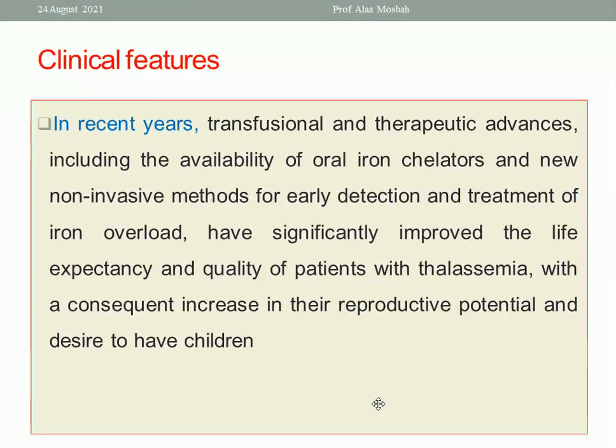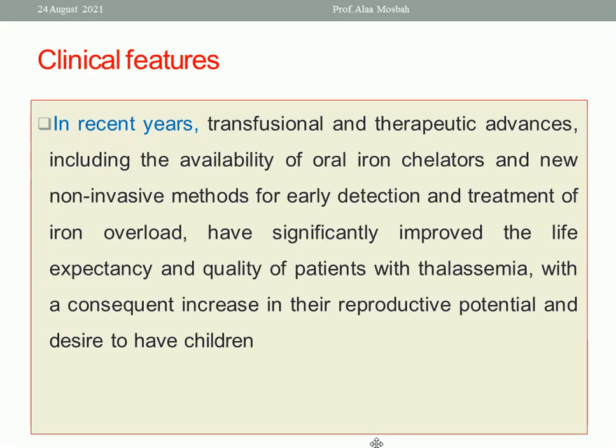In recent years, transfusional and therapeutic advances, including the availability of oral iron chelators and the new non-invasive methods for early detection and treatment of iron overload, have significantly improved the life expectancy and the quality of life of patients with thalassemia, with a consequent increase in their reproductive potential and the desire to have children.